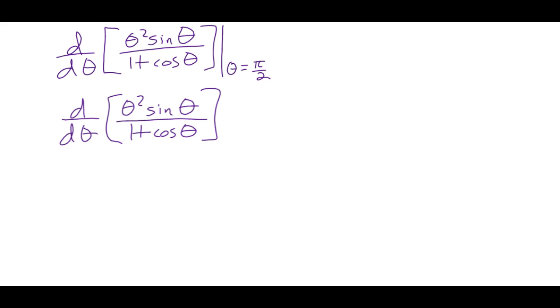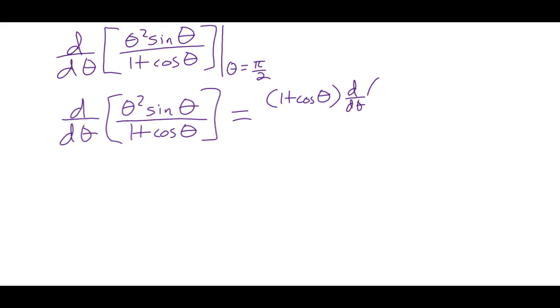So there's quotients, there's products. And let's be a little explicit here. So it's the denominator, 1 plus cos theta, times the derivative of the numerator with respect to theta.